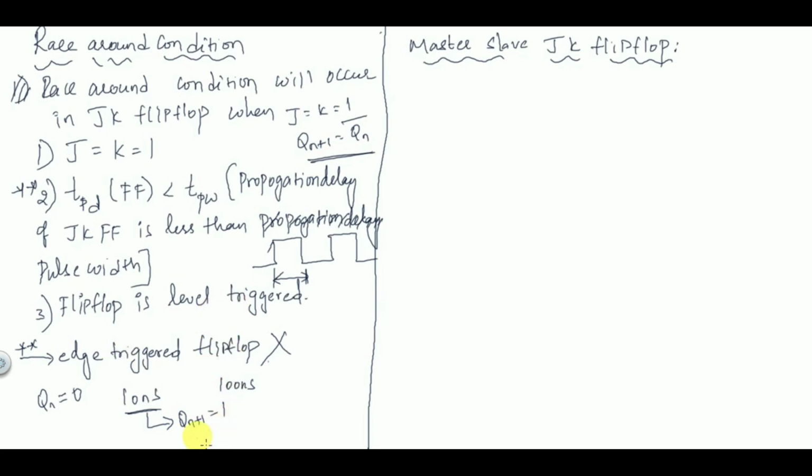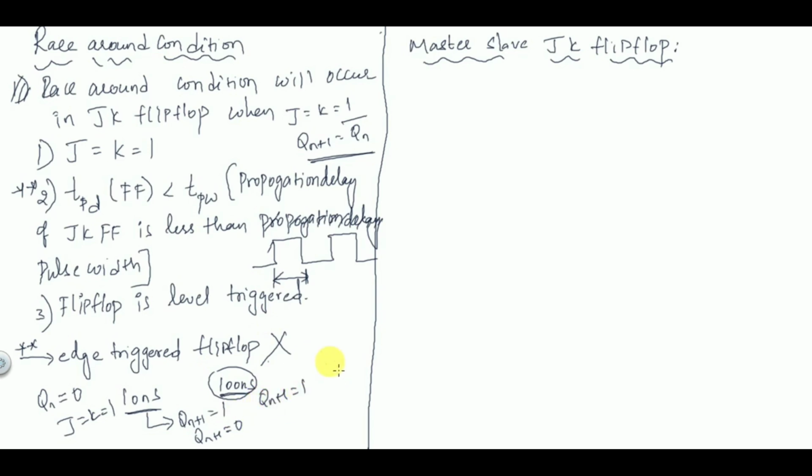After another 10 nanoseconds, Qn plus 1 again becomes 0. Because the pulse width is 100 nanoseconds but the propagation delay is only 10 nanoseconds, and you are still maintaining J equal to K equal to 1 for the entire pulse width, the output keeps changing.